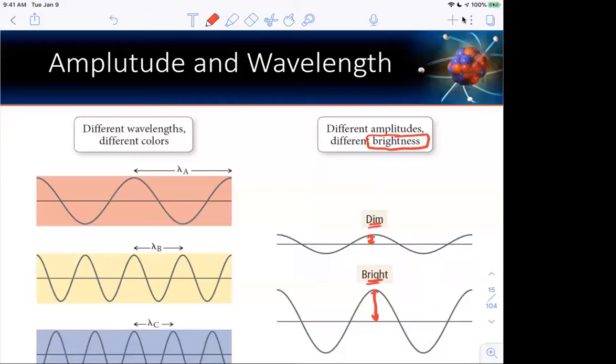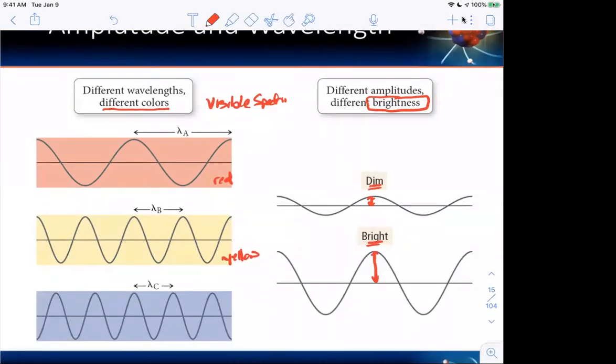So my different amplitudes result in different brightnesses. Different wavelengths actually result in different colors when I think of the visible spectrum. So if I look at this, red light is going to have a longer wavelength than yellow light, which is going to have a longer wavelength than blue. So this has an increased lambda.